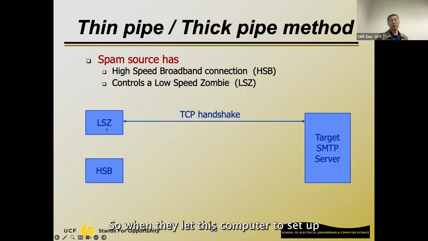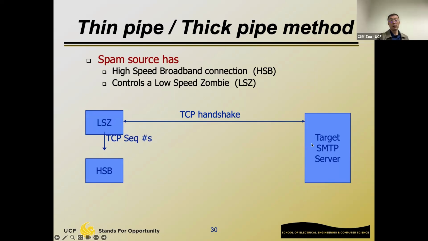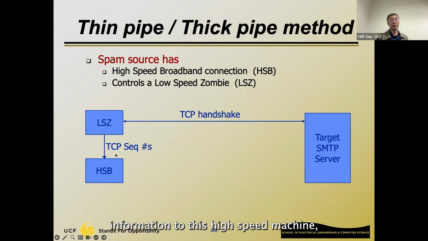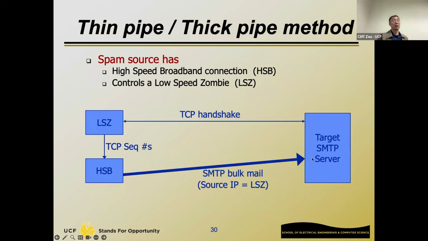So they let this computer set up a TCP connection to the target email server, and then this computer sends the TCP sequence information to this high-speed machine. This high-speed machine will send the bulk of the email data to this target email server.